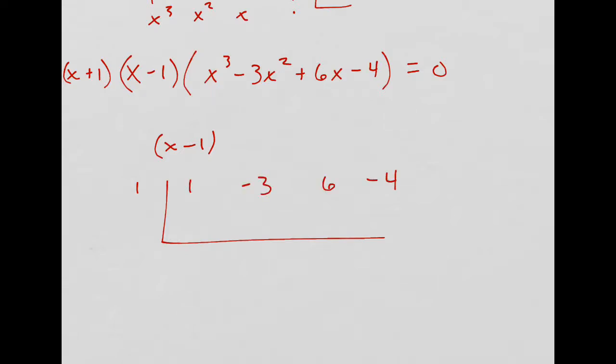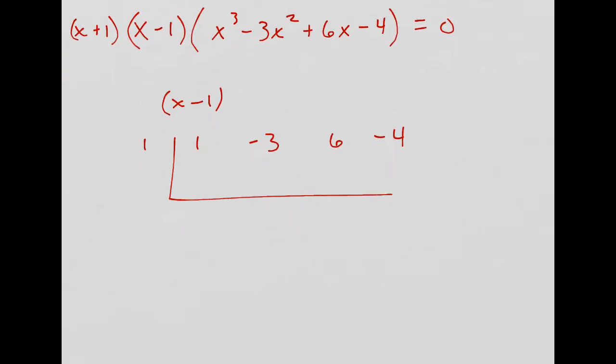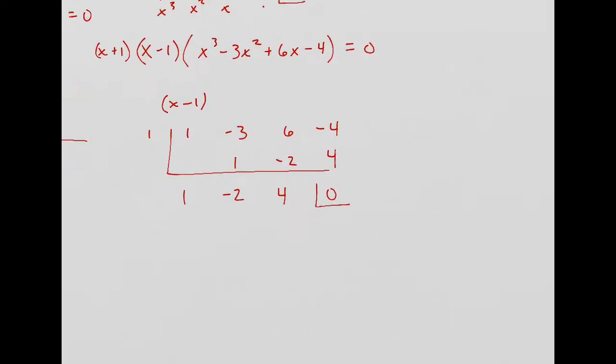Hey, where do you get those from? It's the coefficients there. 1, 1. I'm multiplying, right? Yeah. Negative 2, negative 2, positive 4. Look at that.